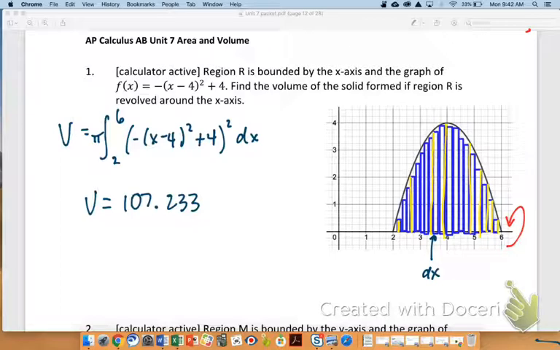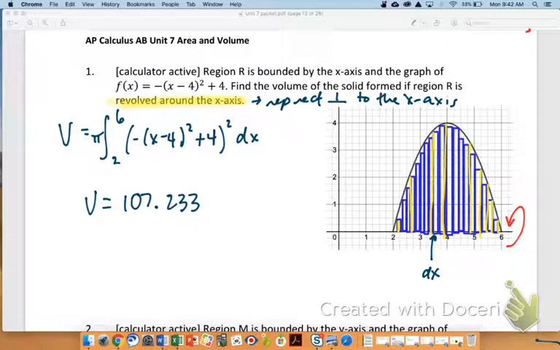I know it's a good question. So there's kind of a chain of thinking there. So how I arrived at being in terms of x is this. This is where it started. It said, find the volume of a solid if region R is revolved around the x-axis. So I know that my representative rectangle has to be perpendicular to the x-axis because I'm revolving around the x-axis.